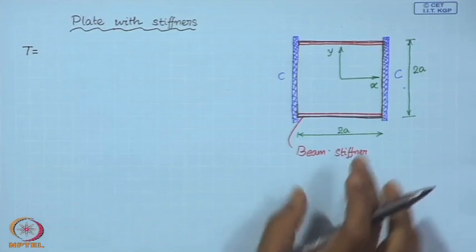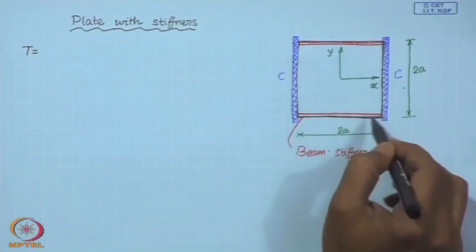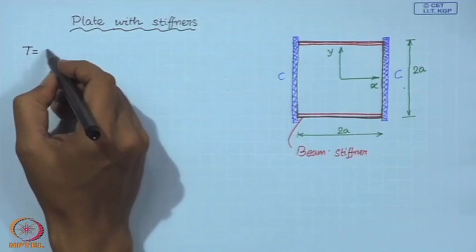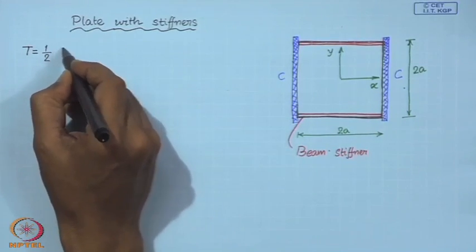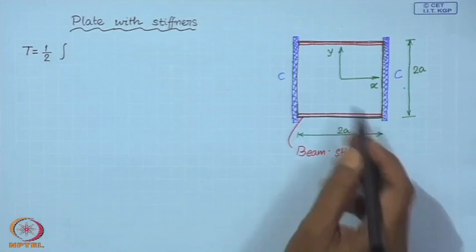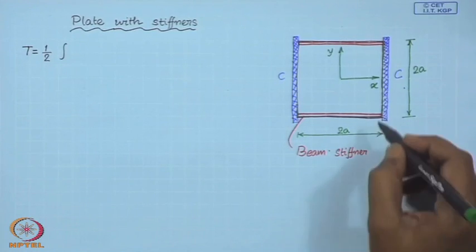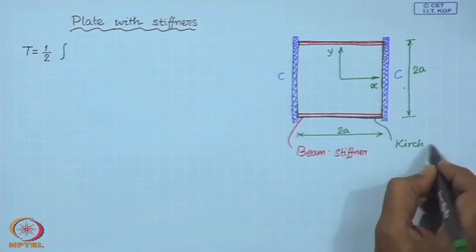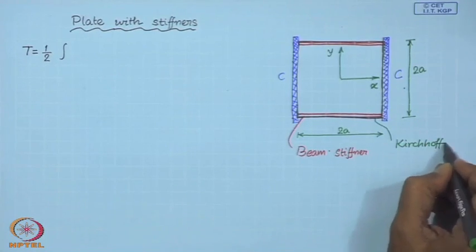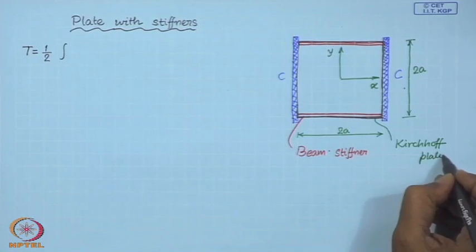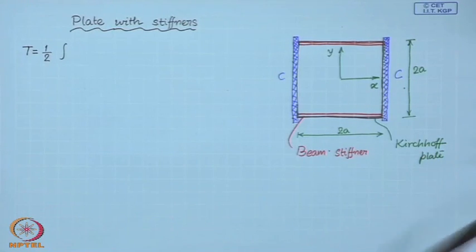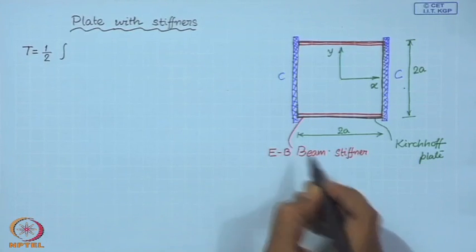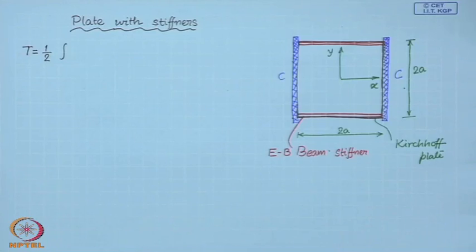The kinetic energy is composed of the kinetic energy of the plate and the kinetic energy of these two beams. We consider this plate to be a Kirchhoff plate and these beams to be Euler-Bernoulli beams.